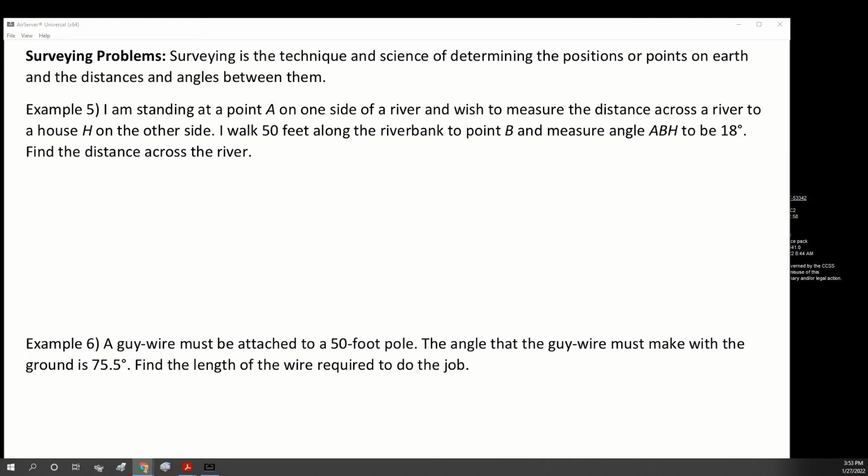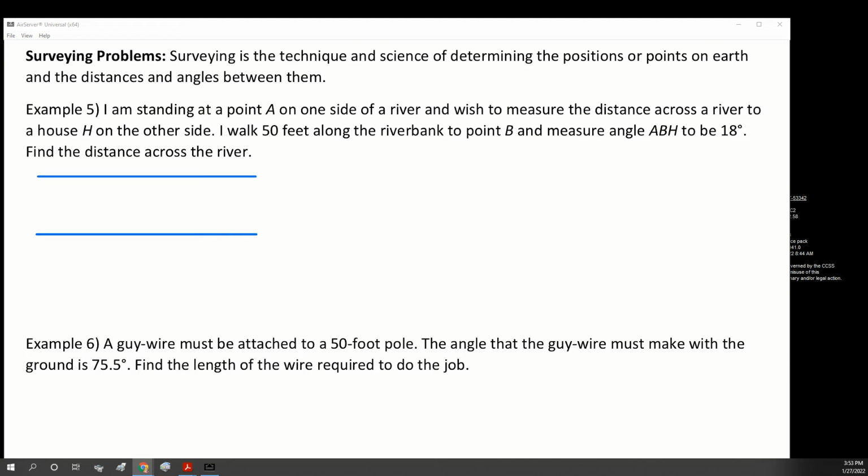I walk 50 feet along the riverbank to point B, and then I also know that the measure of angle ABH is 18 degrees. So we want to find the distance across the river. Because you can't measure straight across a river, you would have to use a surveying technique.